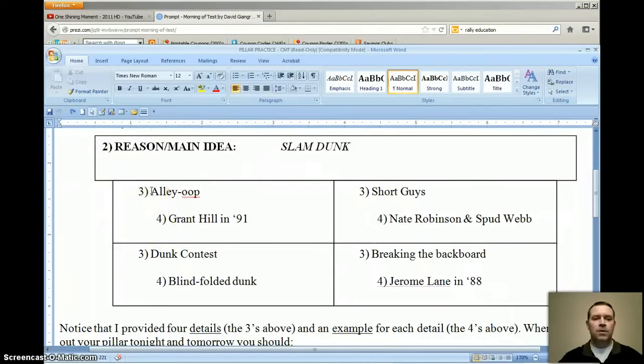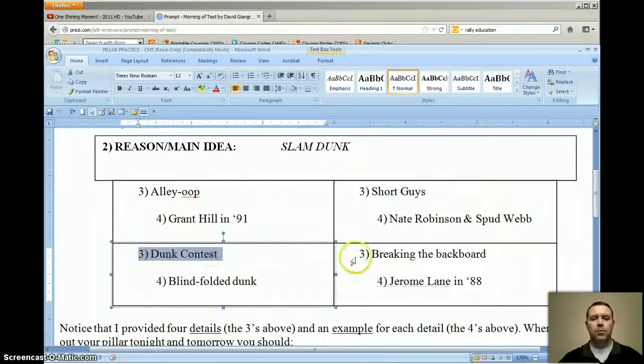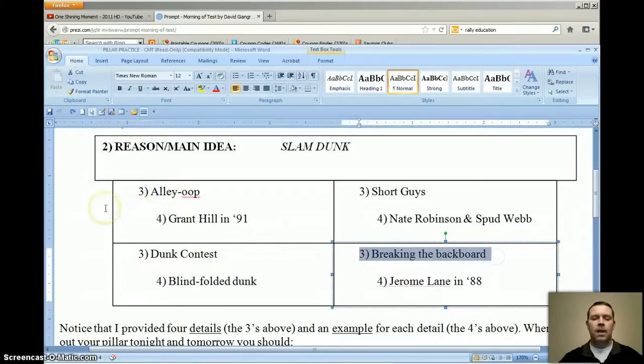And the first thing, as we went over yesterday, is you filled in all of your 3s. So here I was talking about the slam dunk, and I talked about the alley-oop, the short guys, dunk contest, and breaking the backboard. And then I explained that if you have time, if your teacher has not called 10 minutes is up, you should start writing, then you're going to go back and you're going to give examples or more specific details.